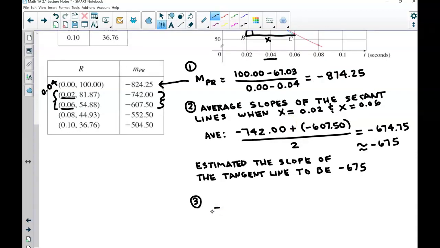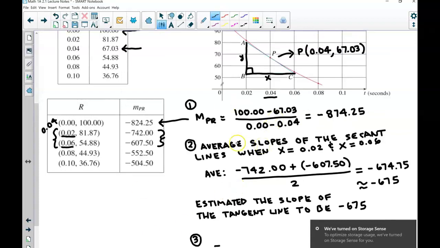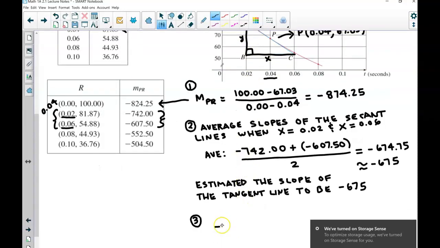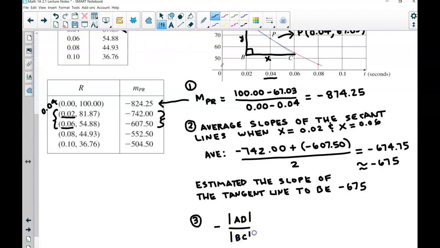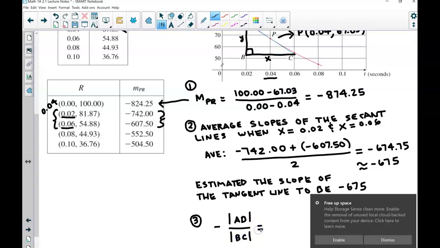So we know it's going to be negative regardless. Now, we also know that we'd have to make sure that this distance is positive and this distance is positive, because regardless, it's going to be a negative slope. So we need to take the absolute value of whatever the distance is of AB and then divide that by the distance of BC.